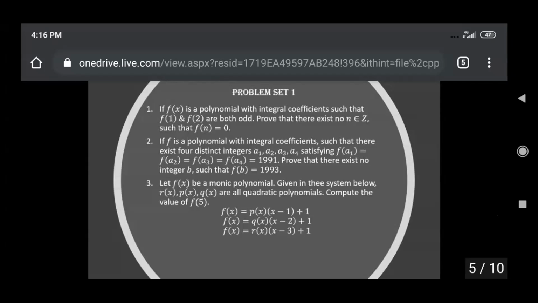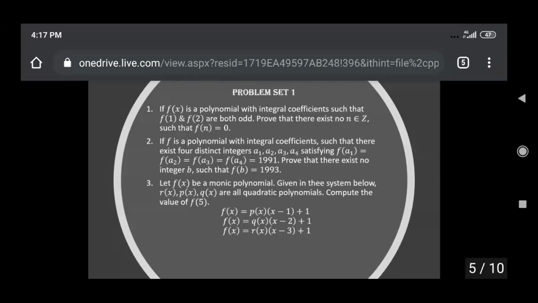Has anybody got the question? Yeah, sorry, I got left. Then I will move towards the next question, or else I will discuss the solution of the first one only now, because first your concept should be clear, then we'll move on to the next question so that you will be able to solve.